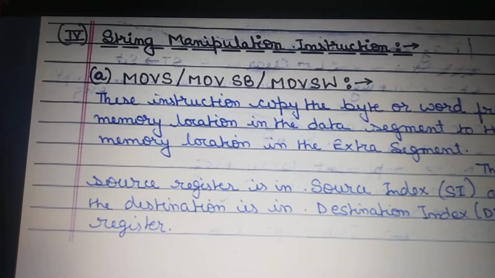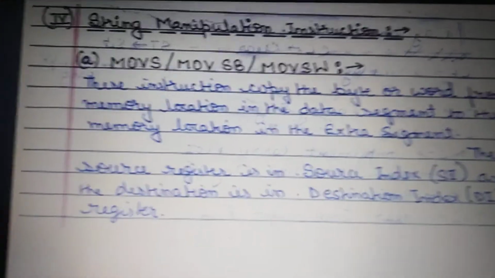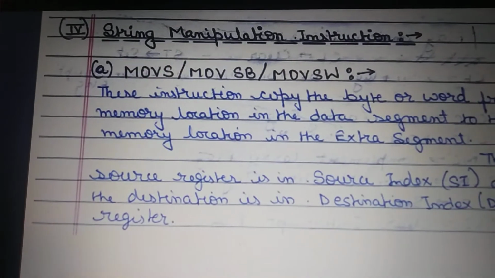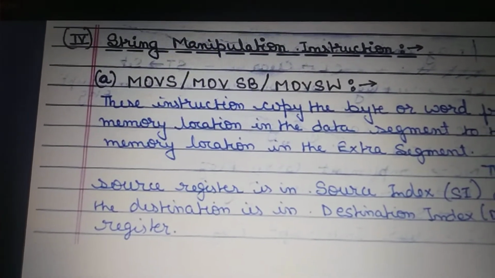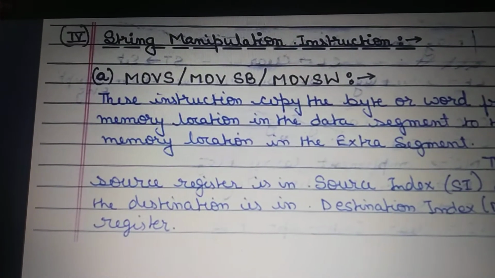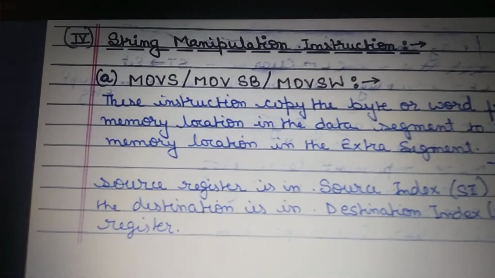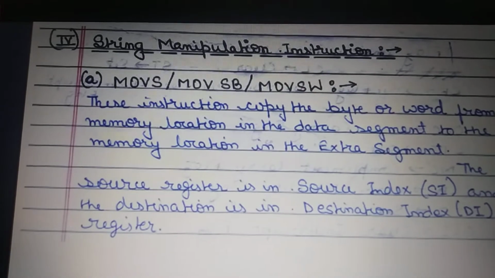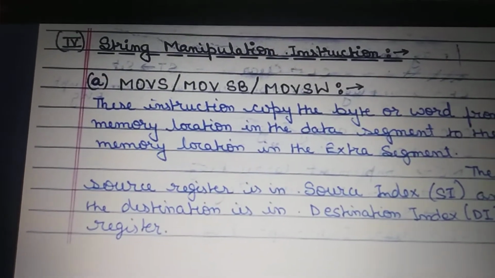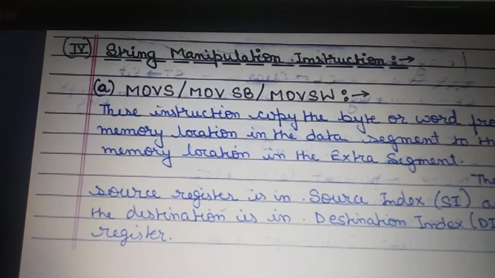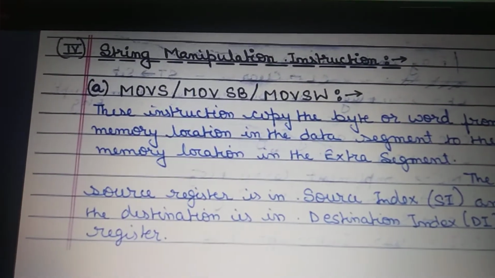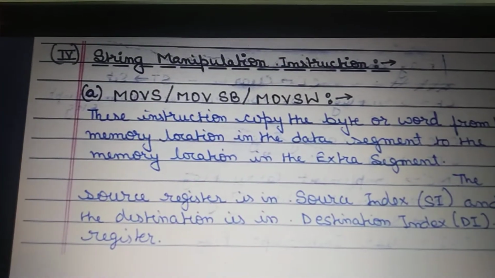These instructions are used to copy the byte or word from the memory location in the data segment to the memory location in the extra segment. Do you understand it? This instruction is used to copy a byte or a word from a memory location in the data segment to a memory location in the extra segment.